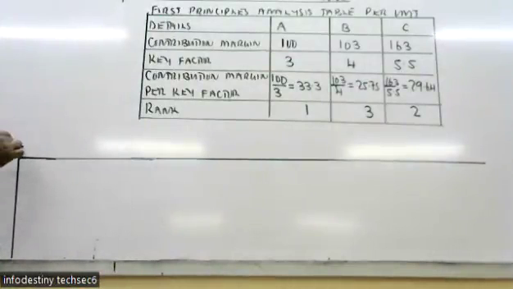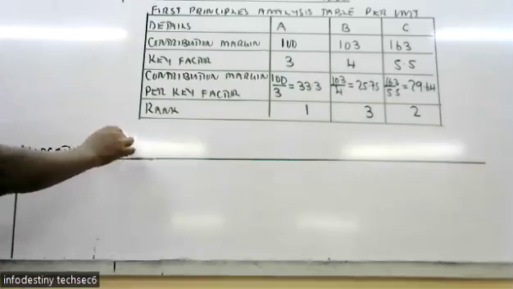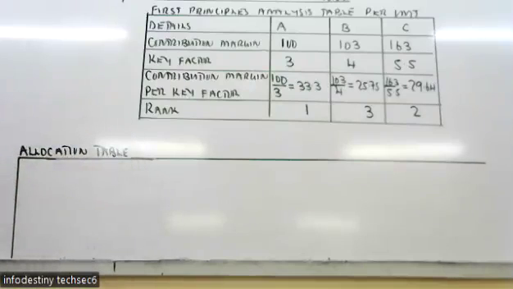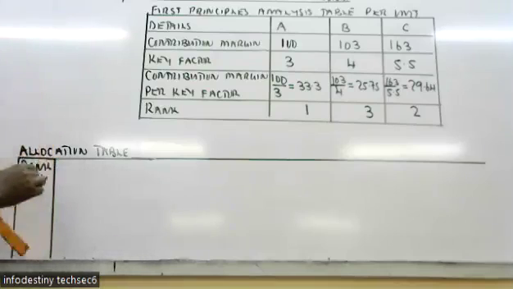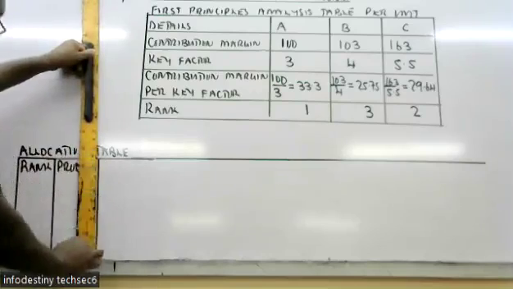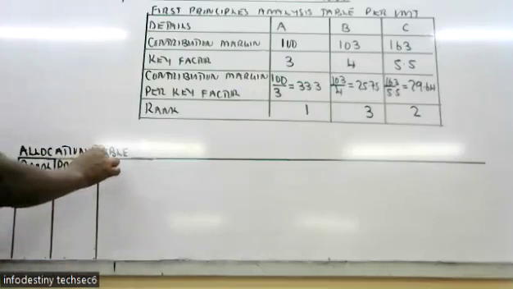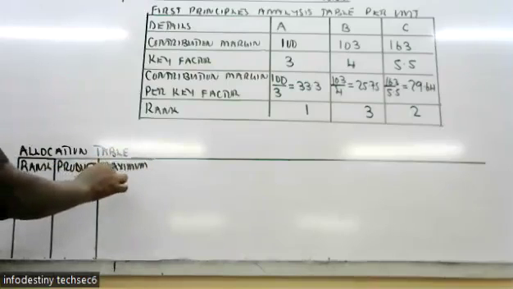So kutoka hapo, let us draw something called allocation schedule or allocation table. Now the allocation table inakuanga na many columns. The first column inaitwa rank. The second column inaitwa product. The third column inaitwa maximum demand.